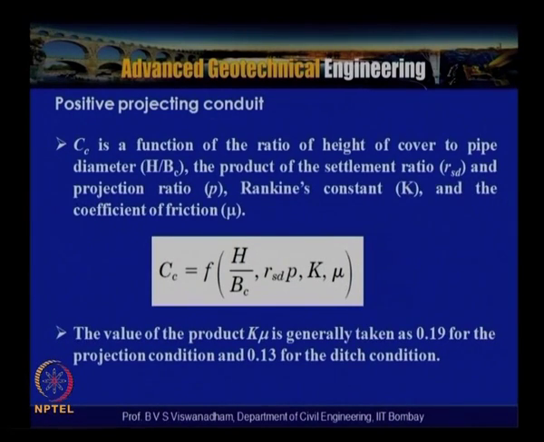The value of the product K mu is generally taken as 0.19 for the projection condition and 0.13 for the ditch condition. So, the Cc is a function of H by Bc, gamma Sd into P, K and mu.